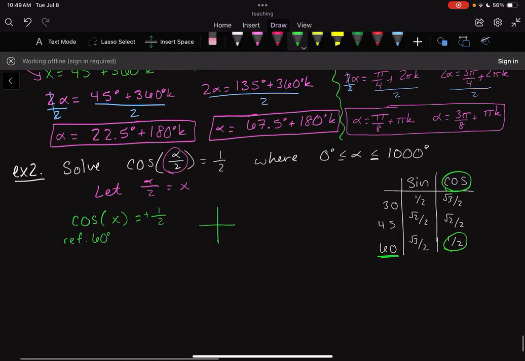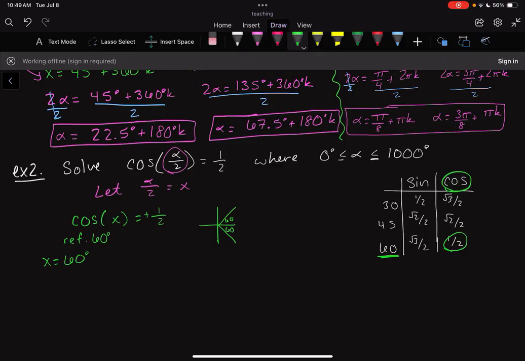Cosine is positive in 1 and 4. And so at least for this part, I really do think that you should pause and maybe try to do this problem yourself. So my references are 60. So my quadrant 1 answer will just be 60 degrees.